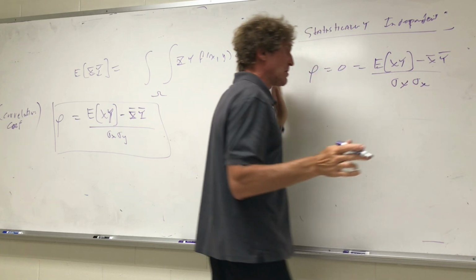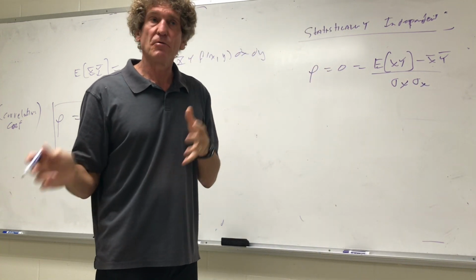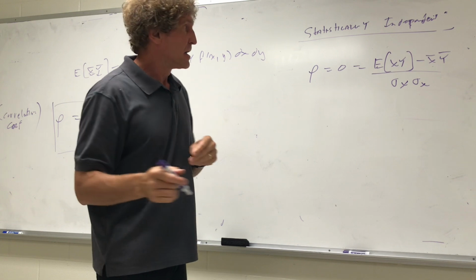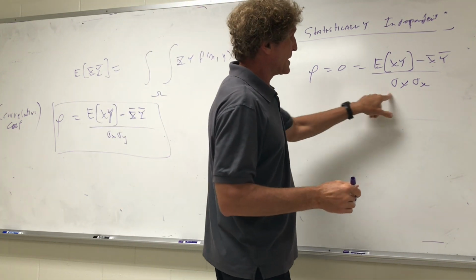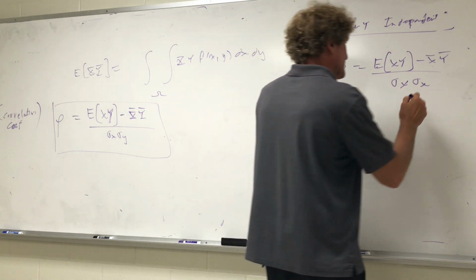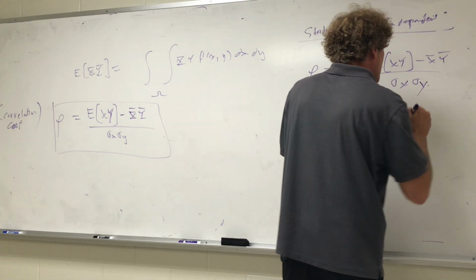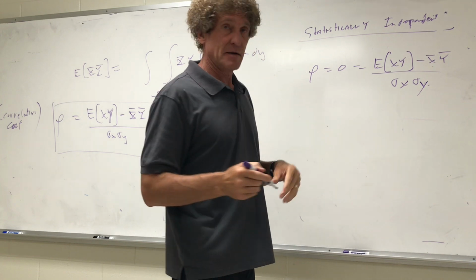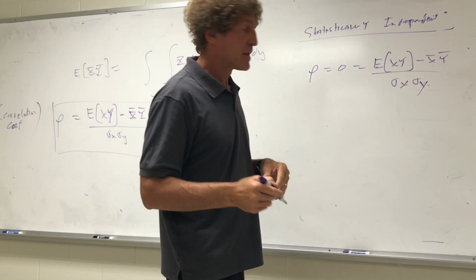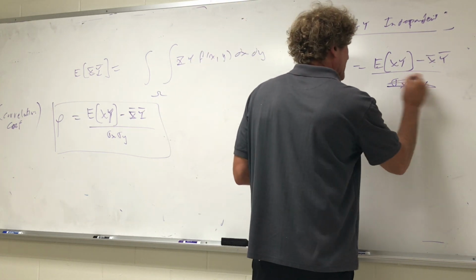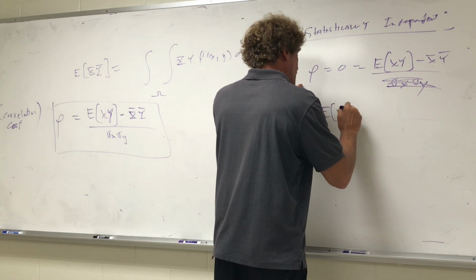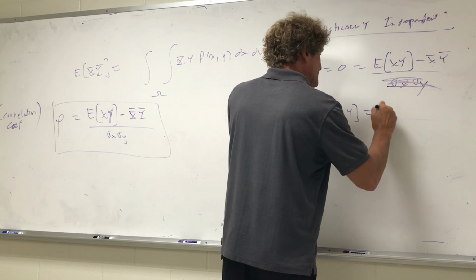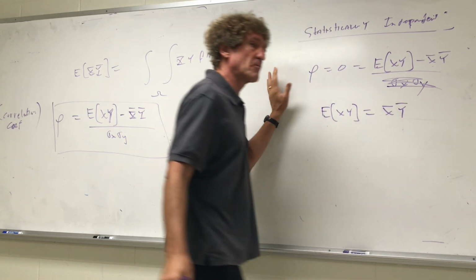If you just follow me on this, you're going to see something that you already know. You with me, class? That's 0 now because they're statistically independent. Well, I can get rid of sigma x and sigma y. I can just multiply that times 0, get rid of it, right? So let's get rid of that. And then you can see the expected value of xy here is just equal to x bar, y bar. That's something you already knew.